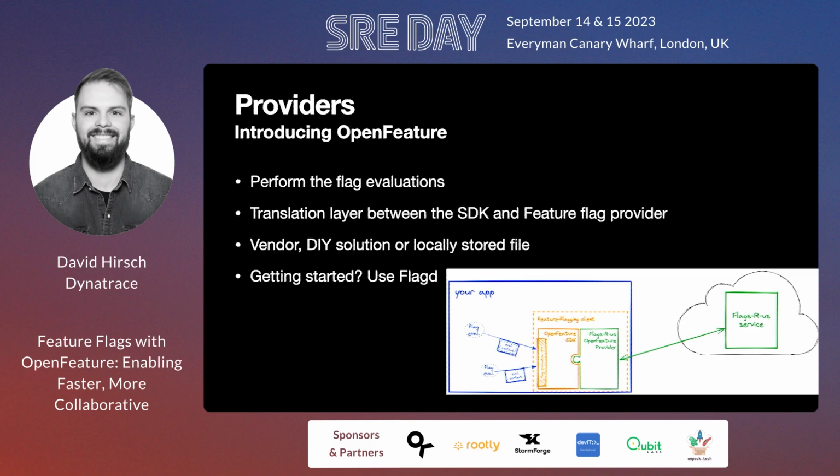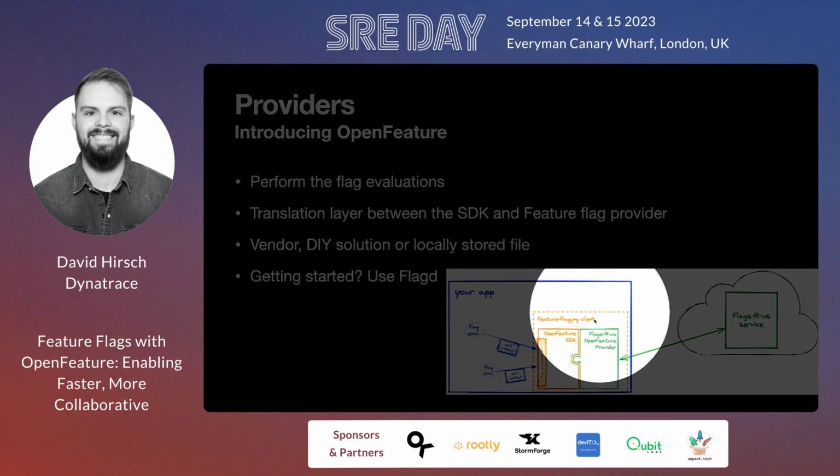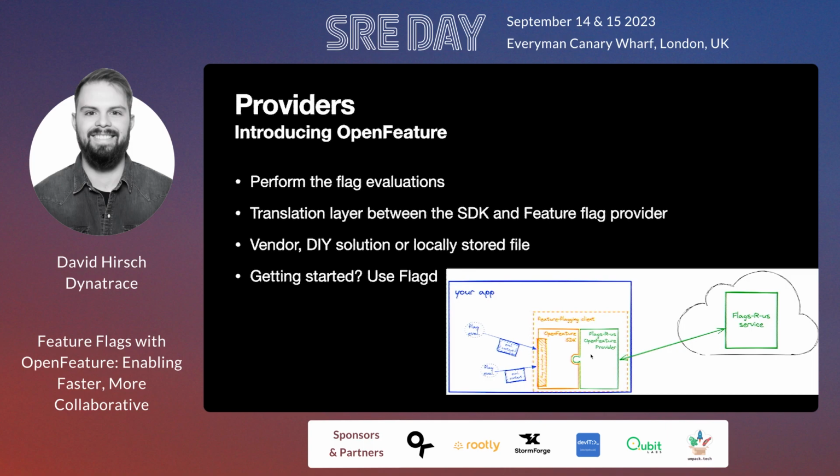So with your providers, this is the part that performs the feature flag evaluation. It's this beautiful little green part here. And this is basically the glue that holds everything together. We've gotten to the point where we have quite substantial coverage of providers.